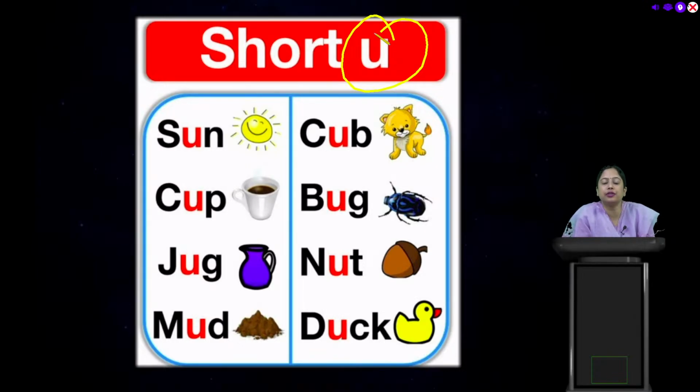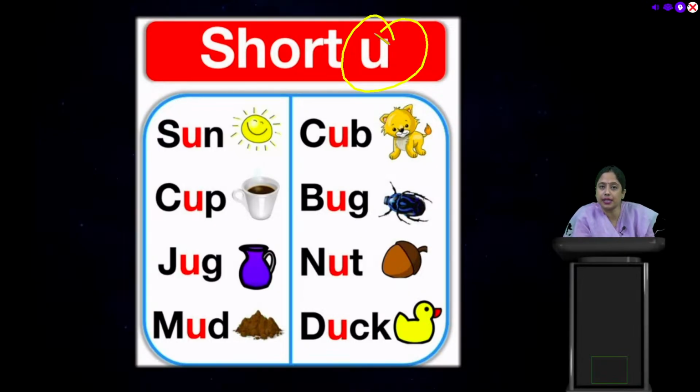Sometimes it produces the sound as in cup or sun. Sometimes we produce the sound U as in umbrella. Sometimes the letter U is pronounced as U, as in university or unicorn.